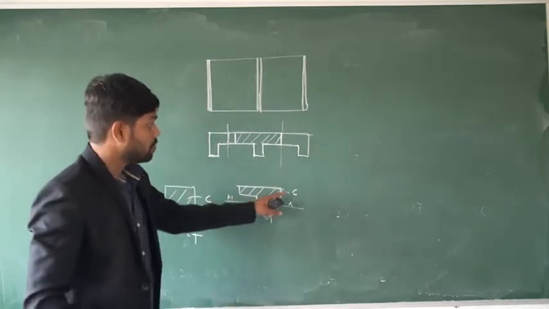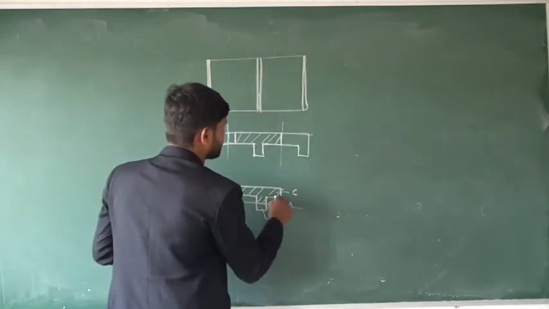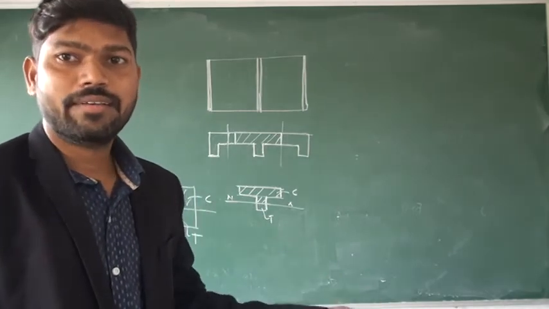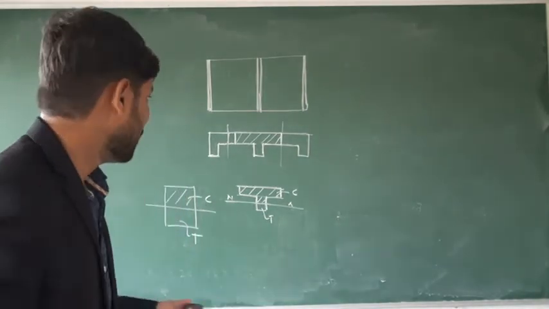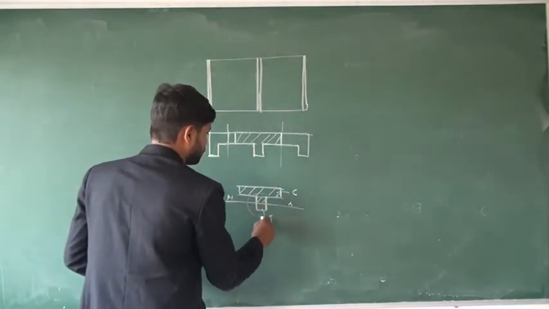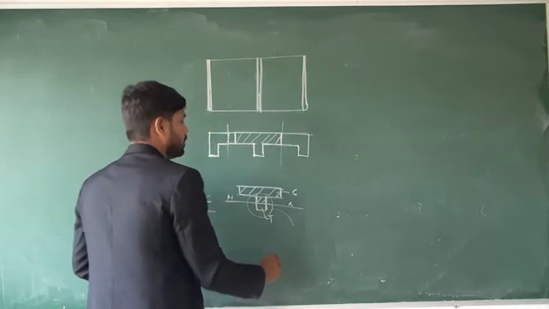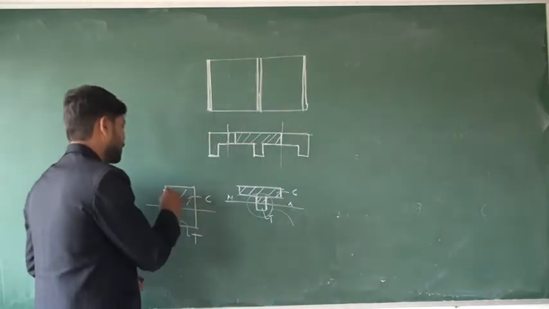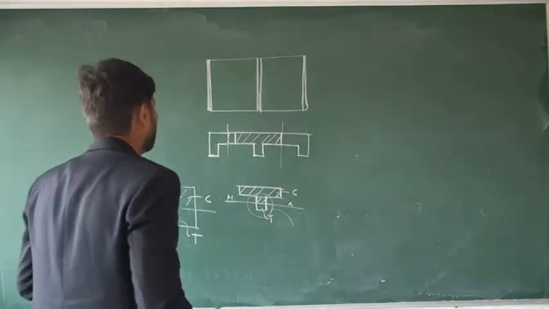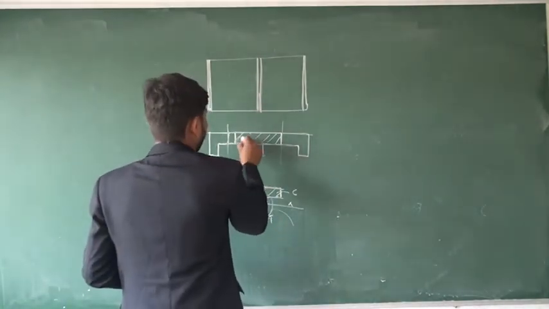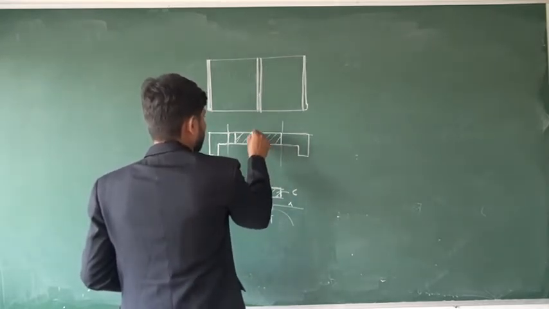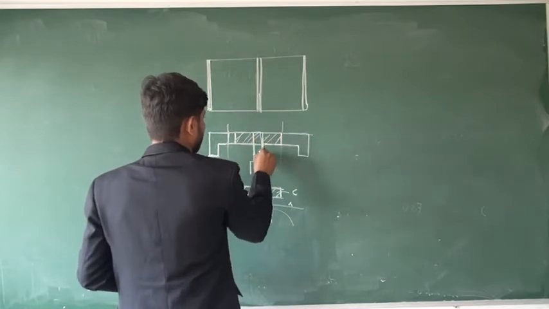So some part of the compression will be taken by this slab portion, so some load is reduced due to the slab. So definitely the resulting section of the beam will be more economical as compared to a rectangular beam. Vice versa, if I didn't consider this slab portion, I will consider only the beam portion like this. This is my beam.